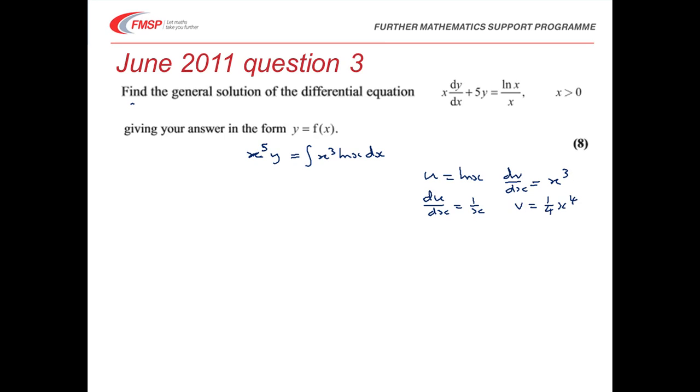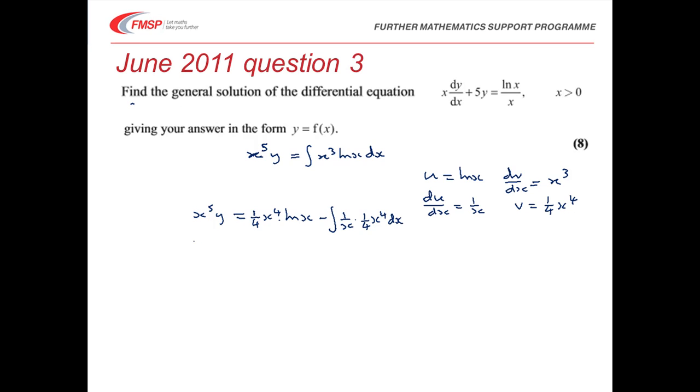So now when I use parts, I'm going to get x to the 5 y is, and now we're using parts, it's u times v. So I'm going to write that as a quarter x to the 4. I'm going to put that in before the logarithm just to make it clearer and easier to write, minus the integral of 1 over x times a quarter x to the 4 dx.